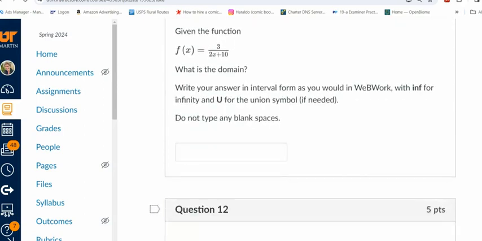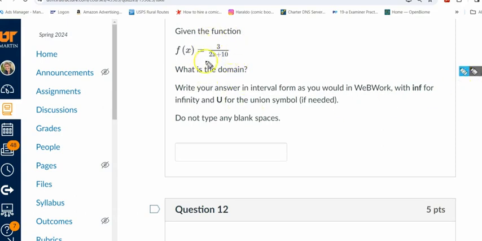All right, now what is the domain? We need to write our answer in interval form, and do not type any blank spaces, because if you type a blank space, Canvas interprets it as a character and it won't match the answer. So no blank spaces.